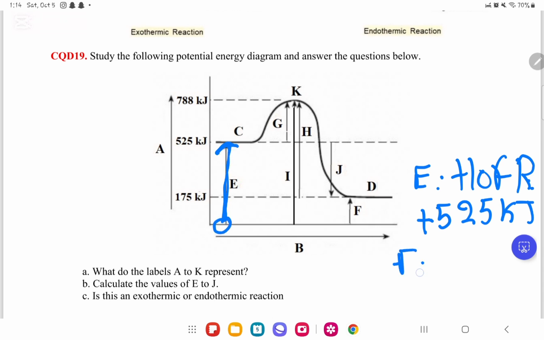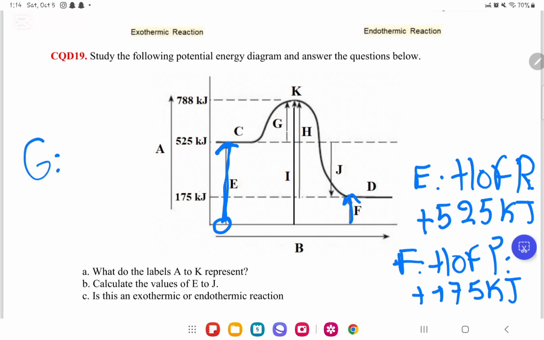Now F is the heat of our products. So again, we're going to go from the bottom all the way to the top. Since it's starting from the bottom and going to the top, it's going to be plus 175 kilojoules. Now after F we have G. G is our forward activation reaction.